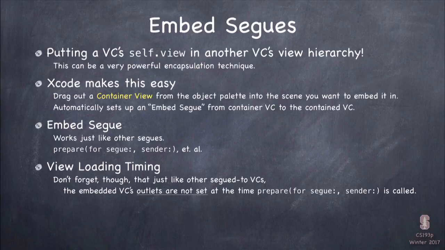So almost always what we do here is we grab the entire MVC in prepare and hold on to it. And then later, in our own viewDidLoad, when all the outlets are loaded, then we start talking to the MVC and tell it to set its outlets or whatever. So 90% of the time in the prepare for an embed segue, we grab onto the MVC that we're embedding. Okay, which is just going to be the segue's destination, right? That's the MVC we're segueing to.